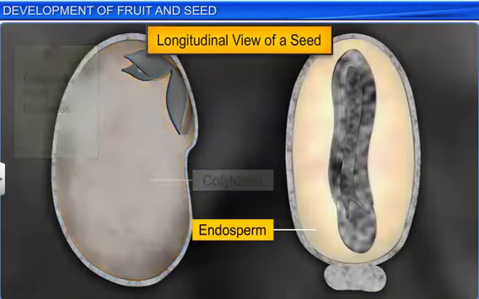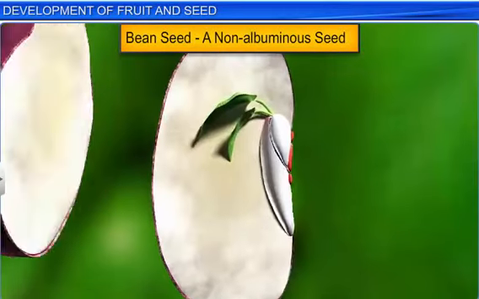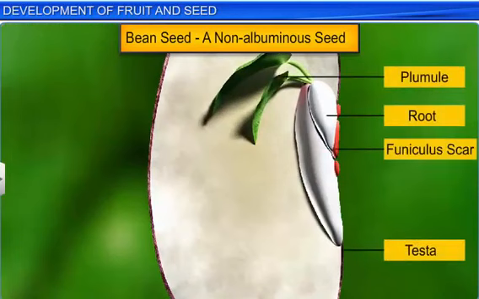Endosperm, on the other hand, is a nutritive tissue nourishing the developing embryo. Interestingly, in certain plants such as bean and pea, the developing embryo completely consumes the endosperm. Such seeds that contain no endosperm are called non-albuminous seeds.